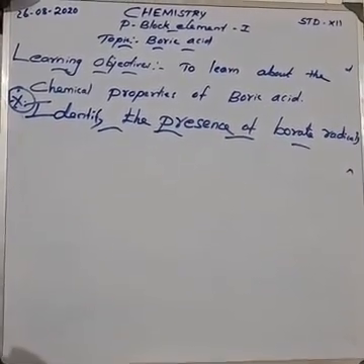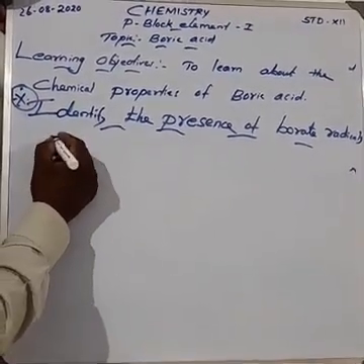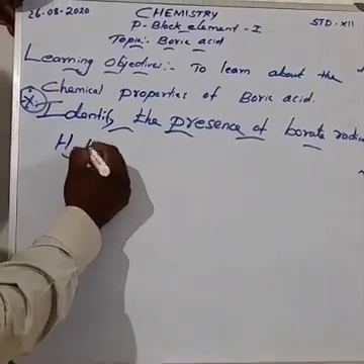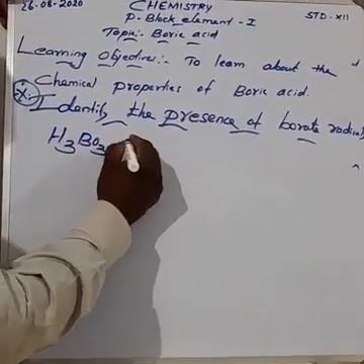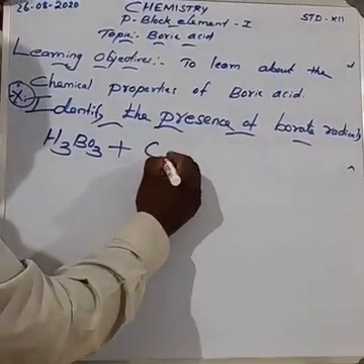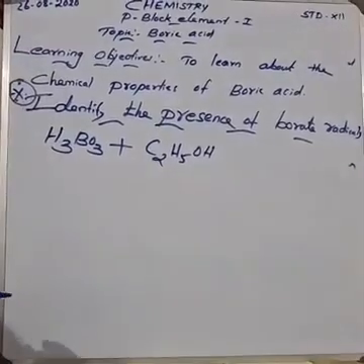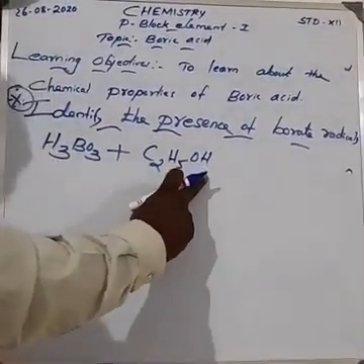Here we are using boric acid with ethyl alcohol. What is the formula for boric acid? H3BO3 reacts with ethyl alcohol, C2H5OH. Functional group OH for alcohol.